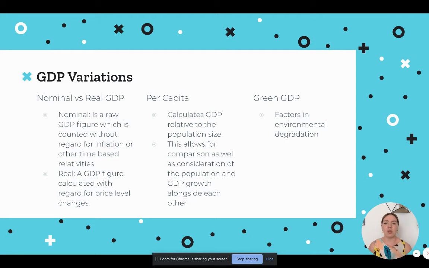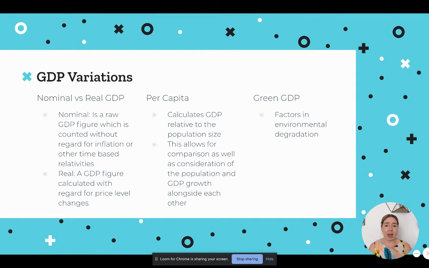So this is where there's nominal and real GDP. Nominal is that raw figure. If I just look at it now, how much are we bringing in this year as a number? Real GDP allows us to consider the effect of price level changes. So it takes a fixed baseline, a point 10 years ago, and then normalizes it across so that we can see GDP relative to the change in inflation.